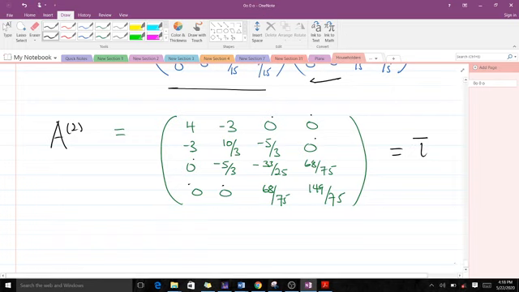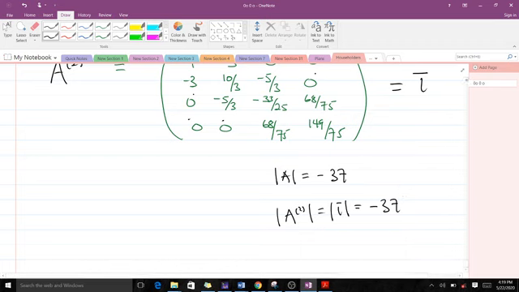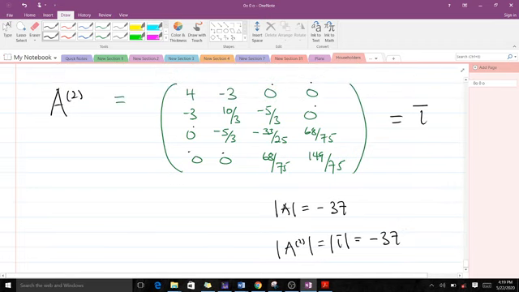Okay, and as I said, you remember that before we started, we found the determinant of A from the question, and it was negative 37. So when you find the determinant of this A of 2, which is equal to our tri-diagonal matrix, you're also going to get negative 37. You can try that out. When you find the determinant of this matrix here, you get negative 37.